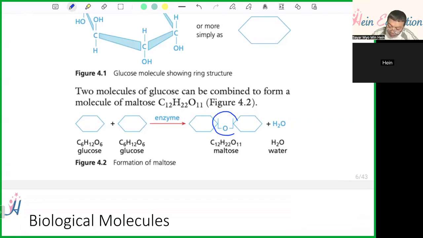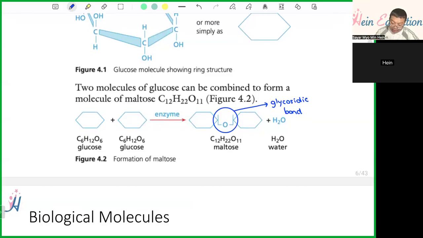The bond formed between two glucose molecules is known as a glycosidic bond, and one water molecule is released. This is an example of monosaccharides combining together to produce a disaccharide.